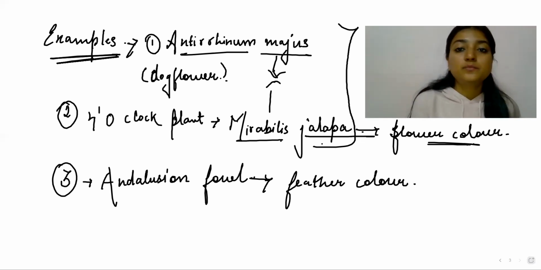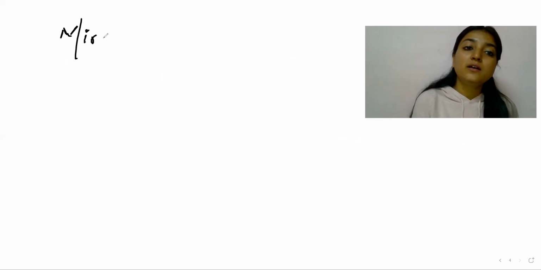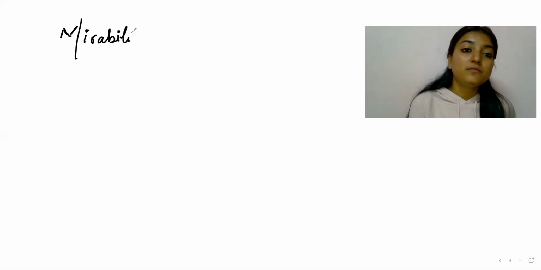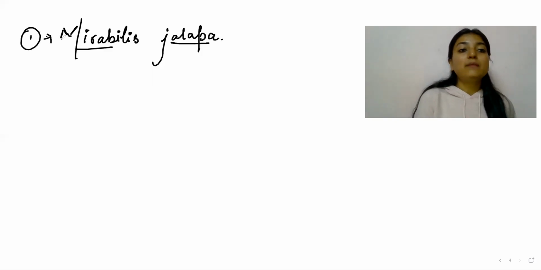So we will start with Mirabilis jalapa. Both Mirabilis jalapa and Antirrhinum majus show the same kind of flower color, that is red as dominant and white as recessive. So we are taking Mirabilis jalapa as the example.